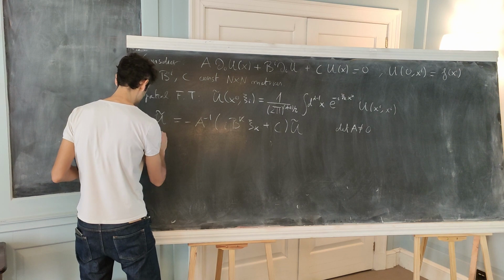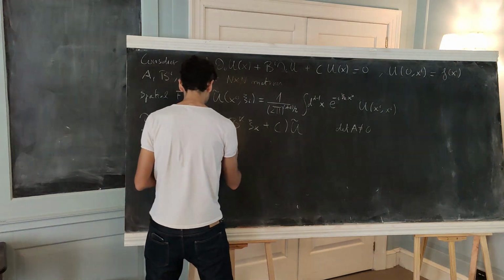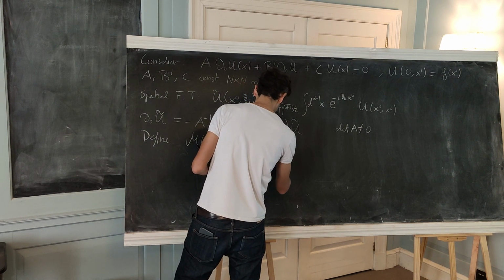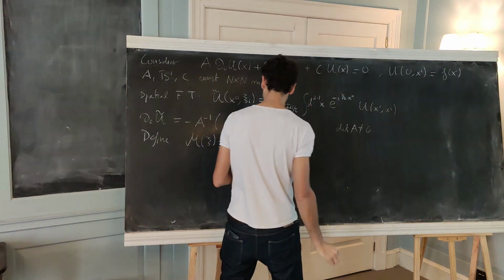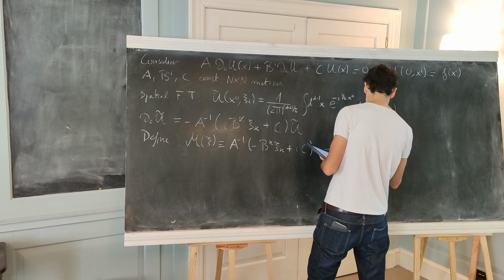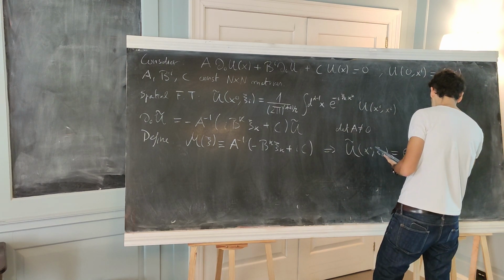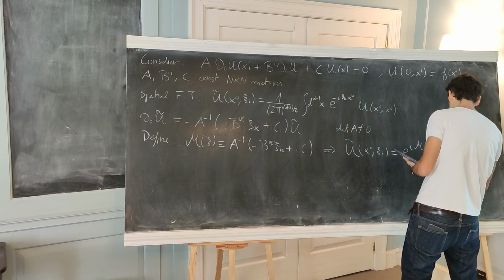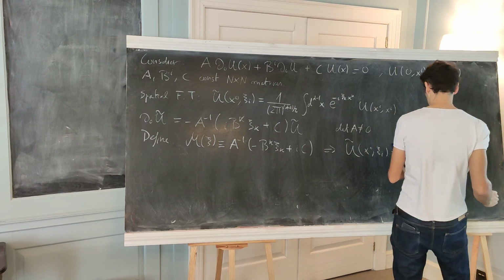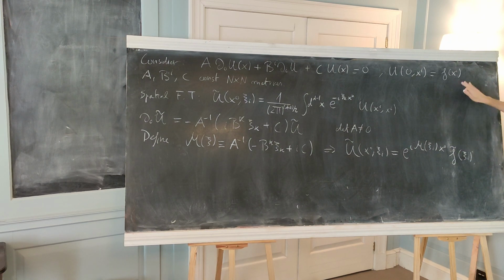So if you define a new matrix, curly A, as this, then you can solve this equation by just exponentiating, and that's just the spatial Fourier transform of the initial data.